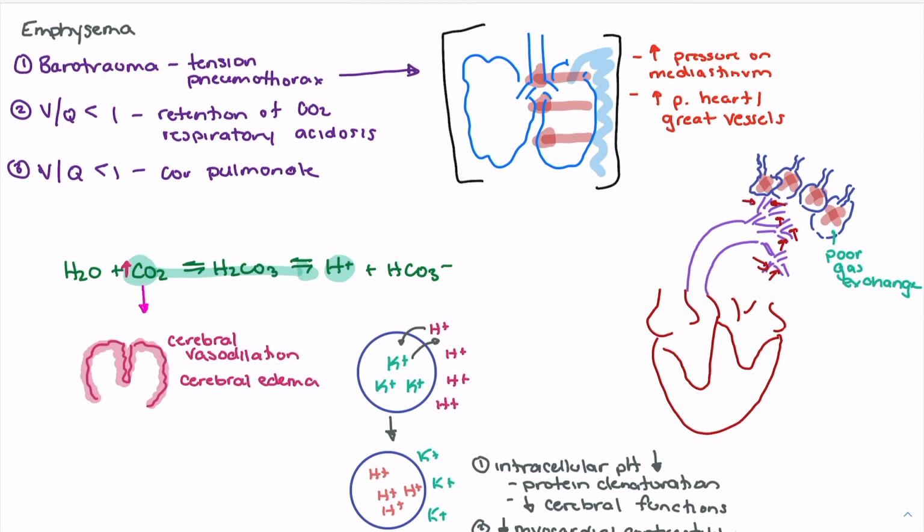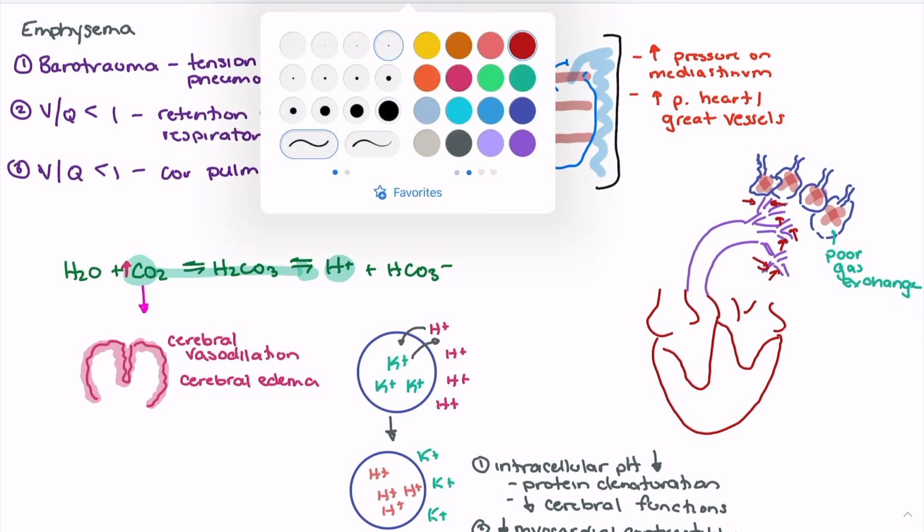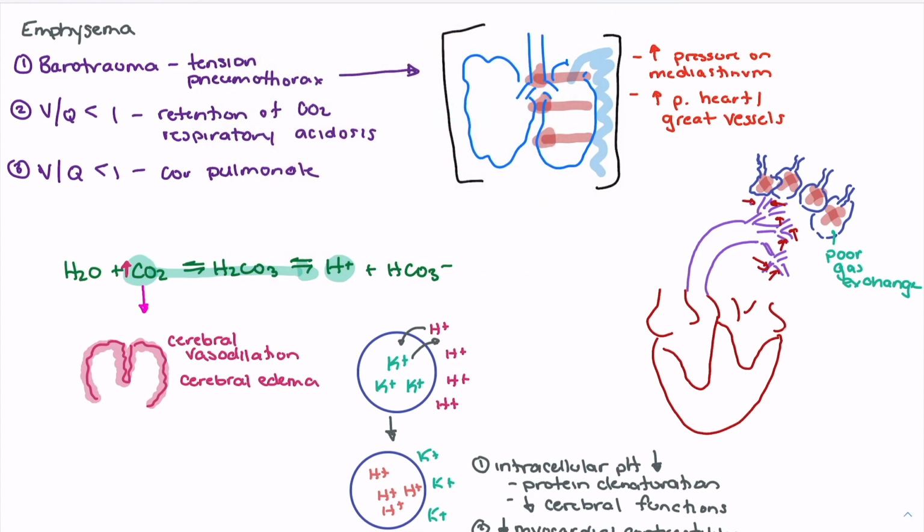So what ends up happening is you have extensive vasoconstriction within the pulmonary vessels, which is going to lead to higher pressures that the right ventricle has to pump against.